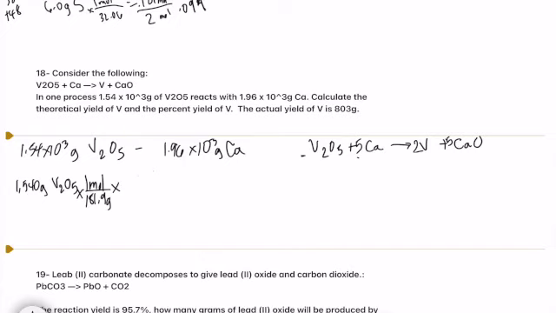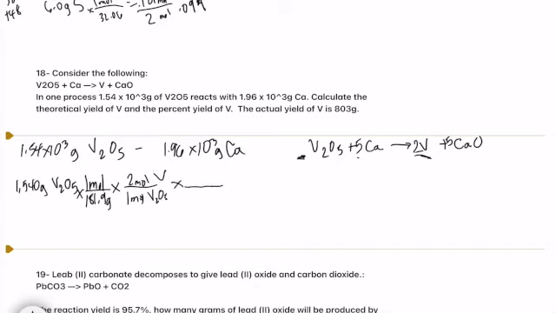So now moles is the unit that is left. Now we need to use our molar ratio. According to the balanced equation, 1 mole of V2O5 is going to produce 2 moles of V, vanadium.